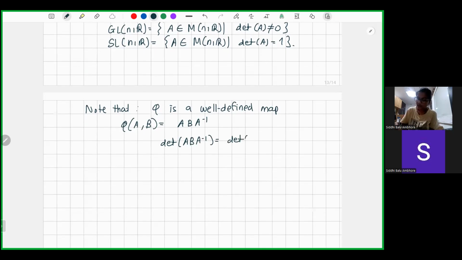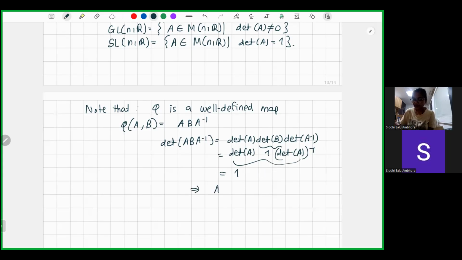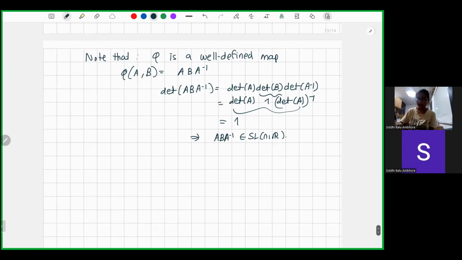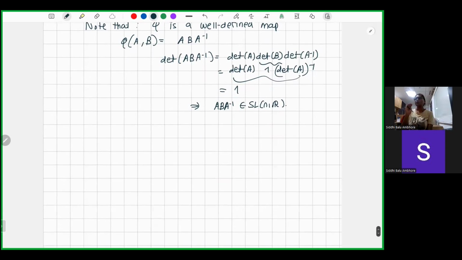It is determinant of A, determinant of B, and determinant of A inverse. Determinant of B, we definitely know is 1 because B belongs to SLNR, and the other two are determinant of A and its inverse, so this entire thing becomes 1. And the moment I have determinant of ABA inverse equal to 1, this implies that ABA inverse belongs to SLNR. So this is a well-defined map.